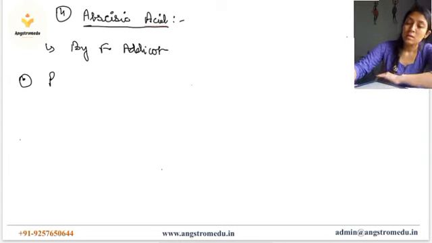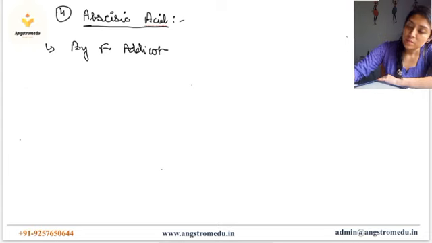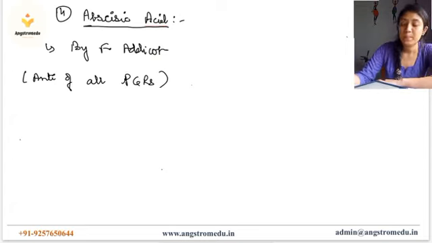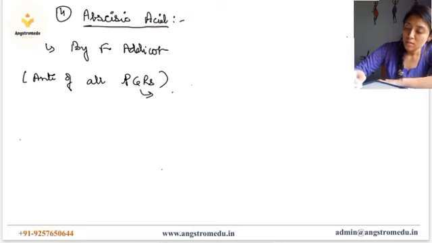You can also write it as, abscisic acid is the anti of all PGRs. Okay, which PGRs? Growth promoting PGRs.